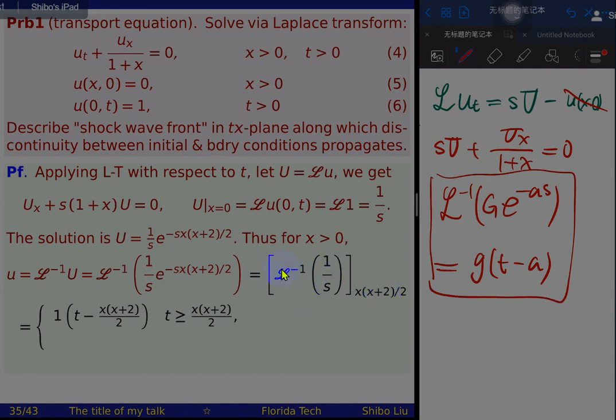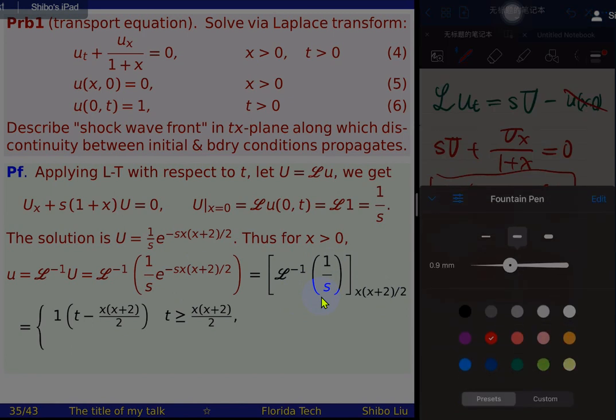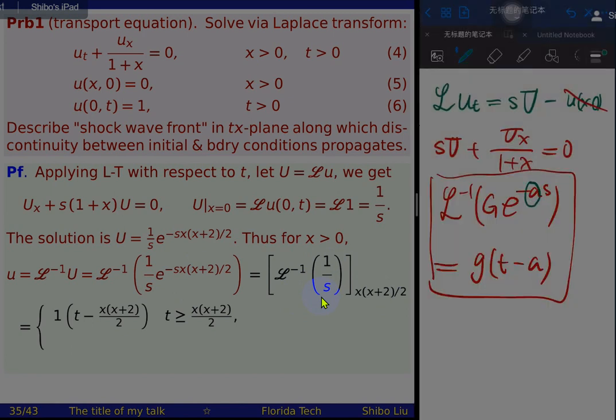In our case, capital G is 1 over s, and the small a is x(x+2)/2. I made a mistake: this is not simply g(t minus a). It depends on two cases. It's 0 if t is less than a, and if t is not less than a, the result is g(t minus a). So it simply translates the function g(t) by a distance a.